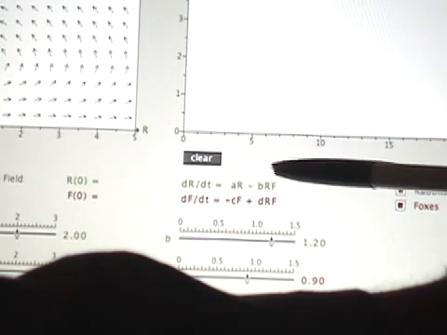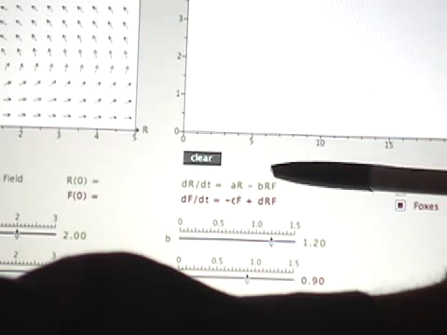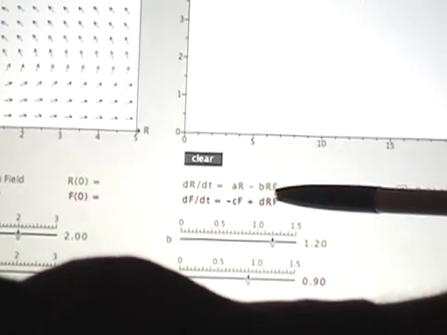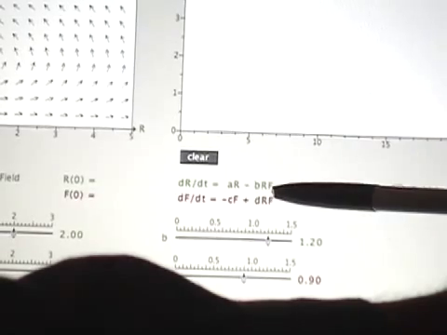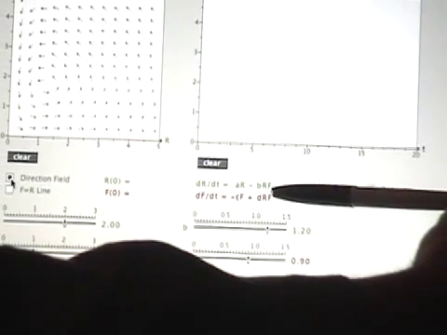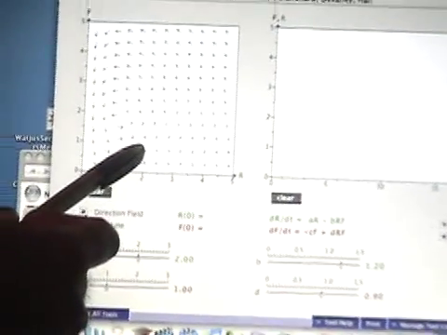R is 2, F is 1, B is 1.2. That's minus 2.4. So 4 minus 2.4 is 1.6. The number 1.6, you with me here? Concentrate.